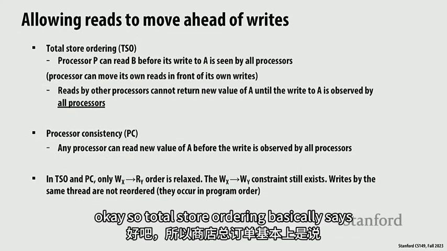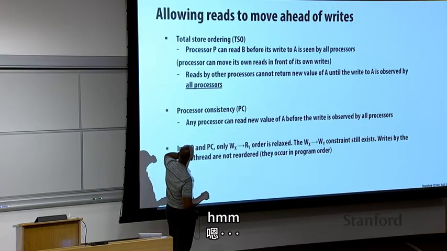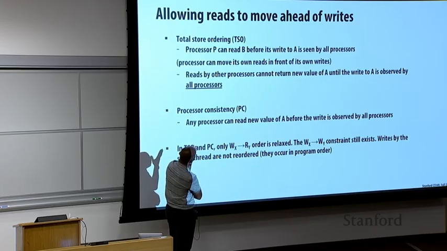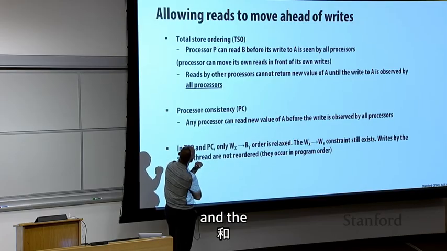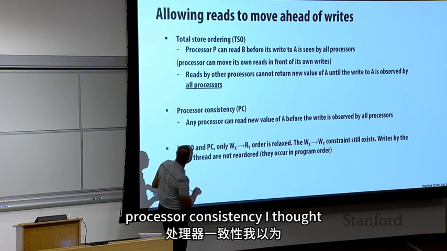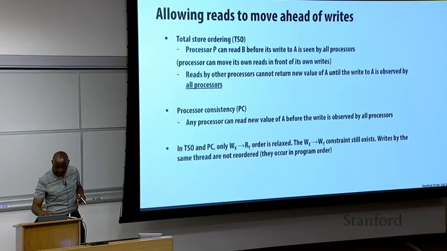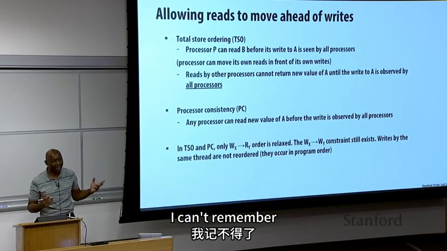Okay, so total store ordering says a processor can read B before it writes to A as seen by all the processors. I mixed them up. Sorry, processor consistency, I can't remember.